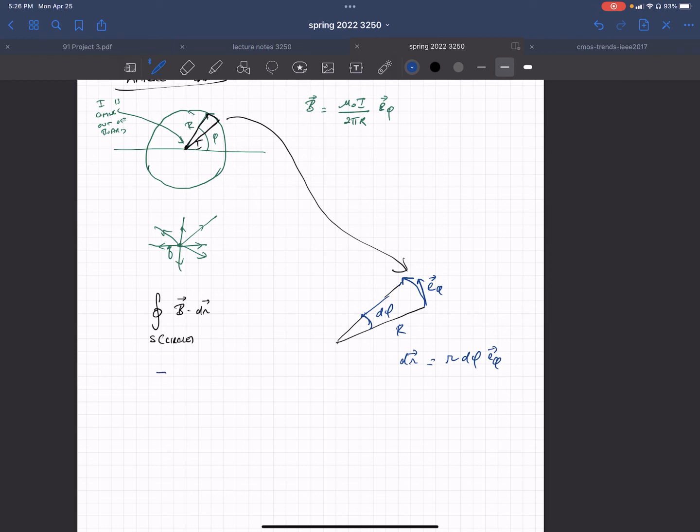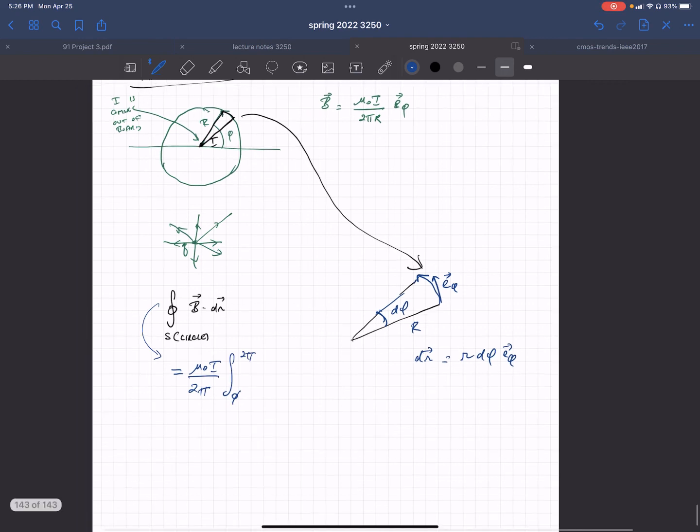Okay, so this is going to equal mu naught I over 2 pi, from 0 to 2 pi. We're going to do this dot dr, so it's going to be r d phi, of course r over r.